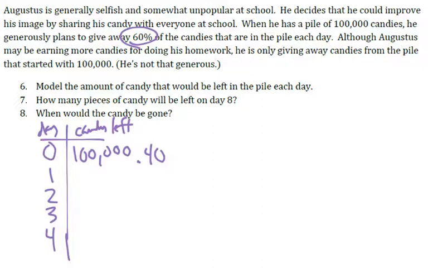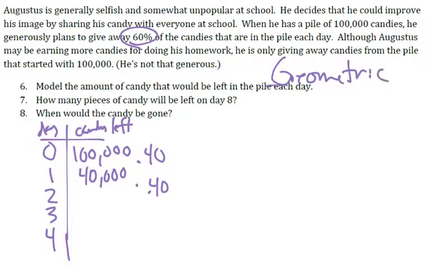So if we take 100,000 and times by 0.4, that gives us 40,000 on day 1 that are left, because he gave 60% of that away. Then we're going to multiply by that 0.40 again, and that's what we're going to keep doing. We're multiplying by 0.4. So once again, geometric. And when you're dealing with percents, it's always going to be geometric.